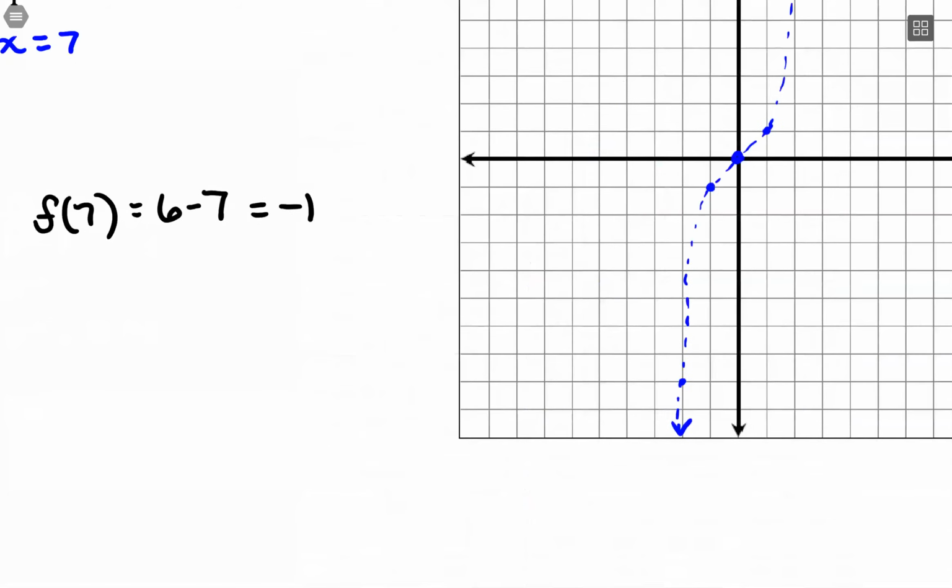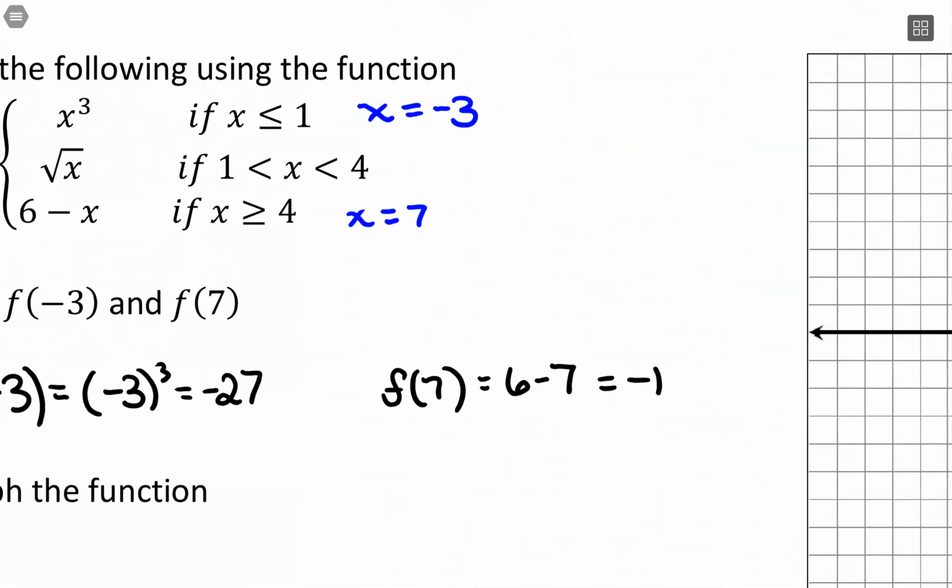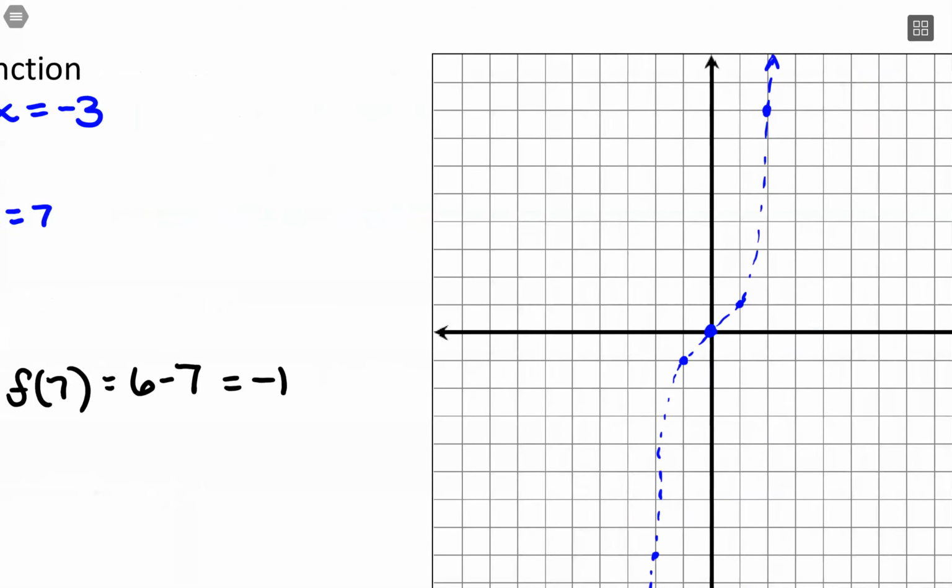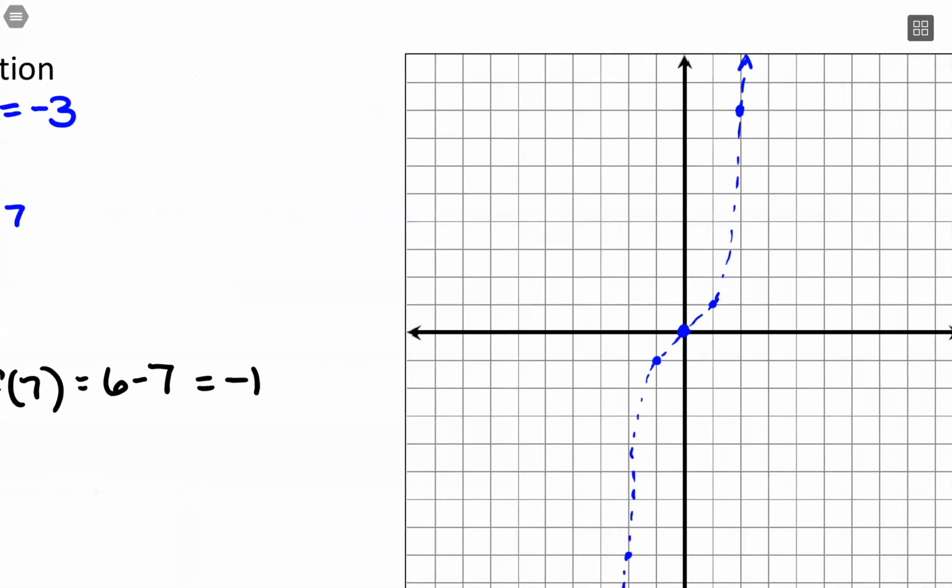But then what I'm going to do is look at my domain. So I want that graph if x is less than or equal to 1. So I'm going to go to where we're limiting ourselves. We're stopping at 1, and it's going to equal at 1, so I'm going to have a solid dot there. So at x equals +1, we have this output of +1.